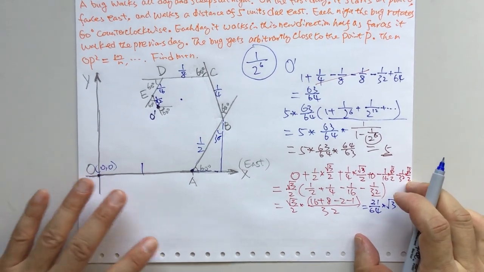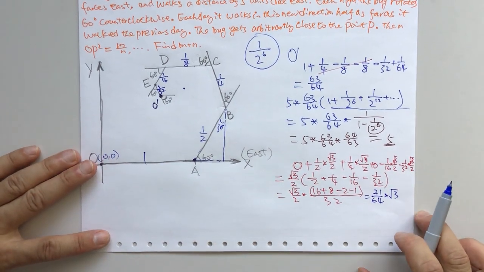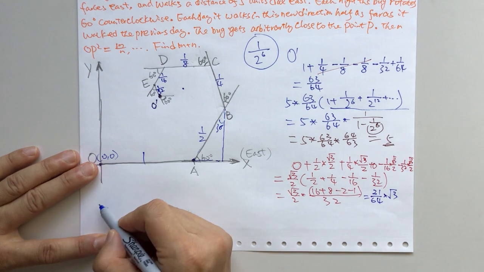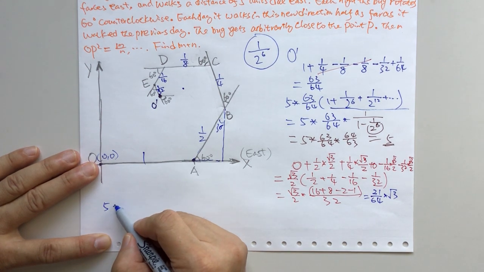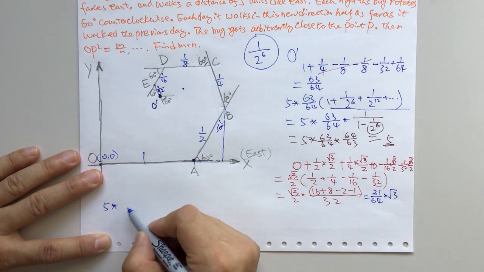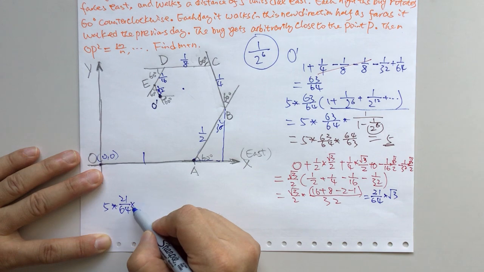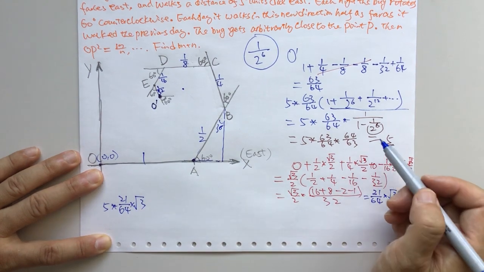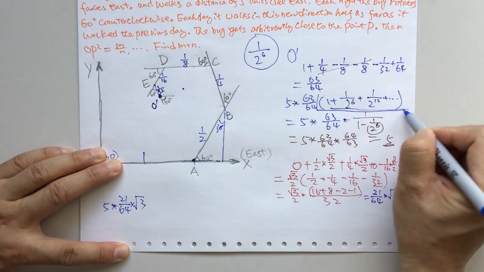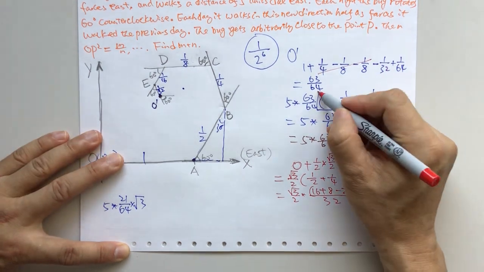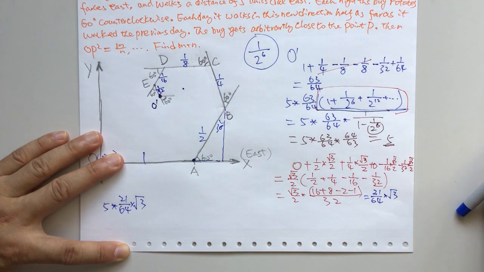To find the y coordinate of point P, we must multiply by 5 and by square root of 3, and then by the sum of the geometric sequence. Everyone knows this part, because it's also a geometric sequence.